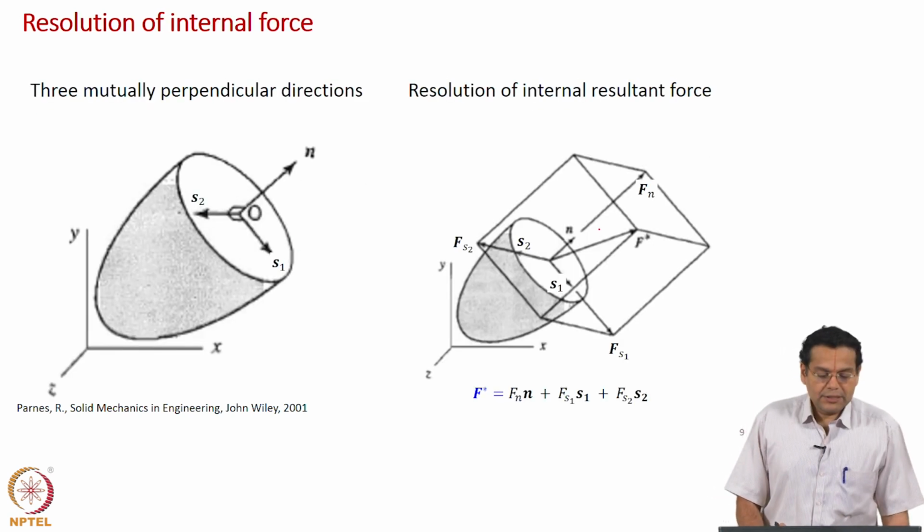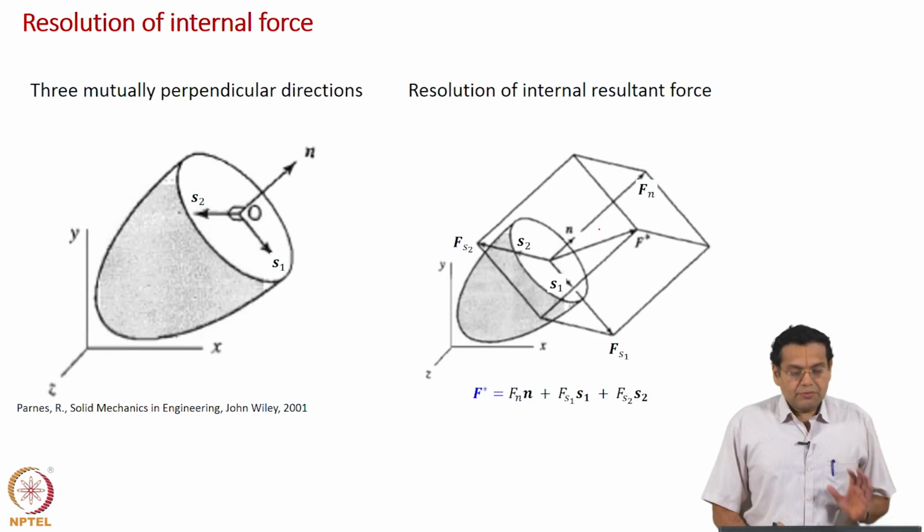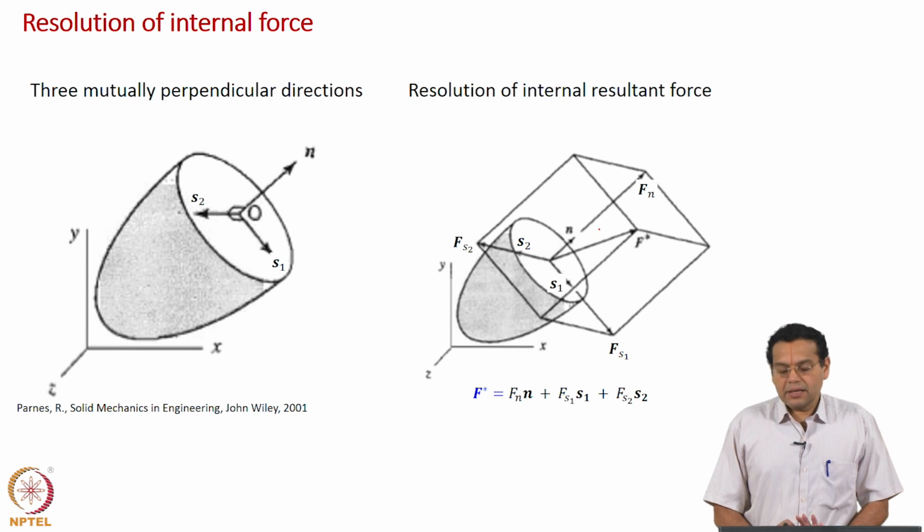What we will do now is, we have got a resultant force, and we will resolve that internal resultant force. If you want to resolve, then you should choose a coordinate axis, you should choose directions. Now, we will choose a set of 3 directions which are attached to the surface.